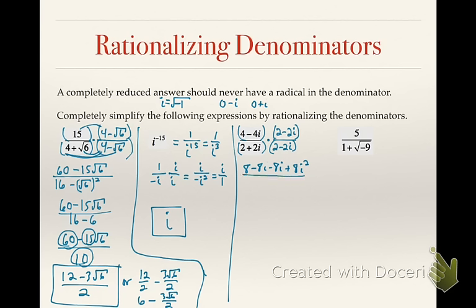It's pretty great, isn't it? Alright, and the bottom becomes 4 minus 4i plus 4i minus 4i squared. The 4i's cancel on the bottom. Okay, and so on the bottom we have 4 minus 4i squared, which becomes 4 plus 4.